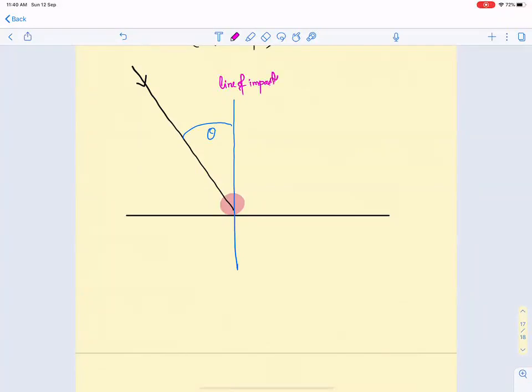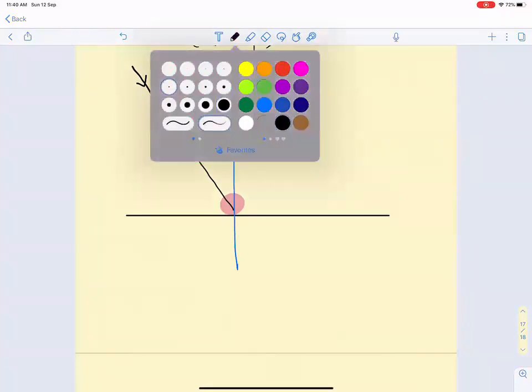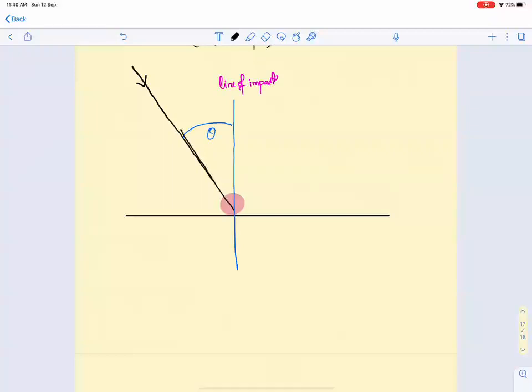So suppose the ball comes with a velocity v before impact. It has the components v sine theta parallel to the line of impact and v cos theta perpendicular.